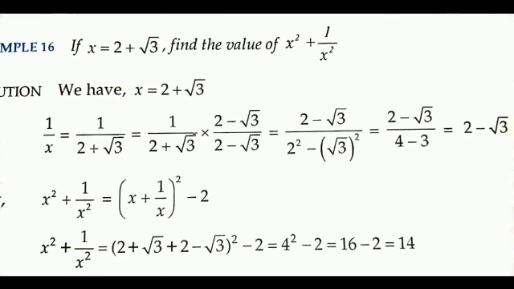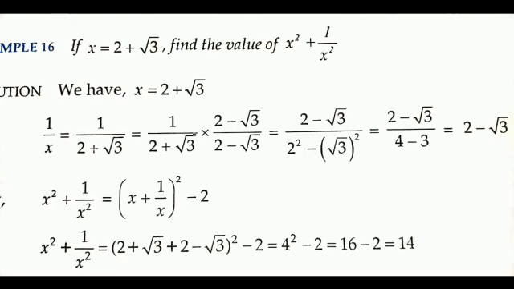So we have x is equal to 2 plus root 3. Therefore, 1 by x can be given as 1 by 2 plus root 3. Now, for rationalizing the denominator of this, we will have to multiply numerator and denominator both by 2 minus root 3.